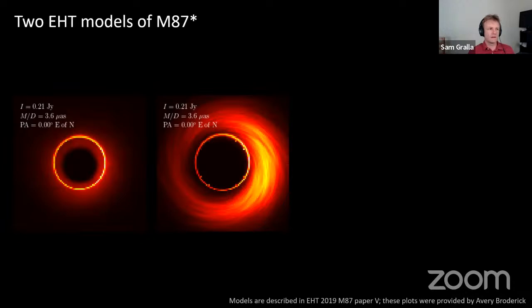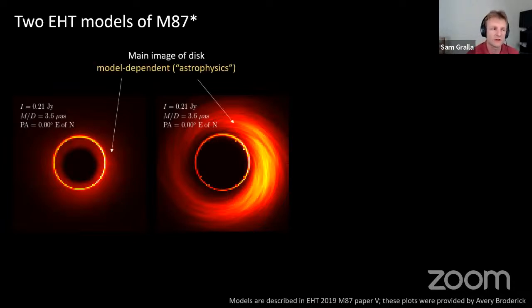Here are two different models of the black hole in the center of the galaxy M87. This is the first one that EHT observed or published their results of observing some years ago. And these are EHT models that they use to understand their data, what they expect the source to look like. I want to point out two features on this slide.